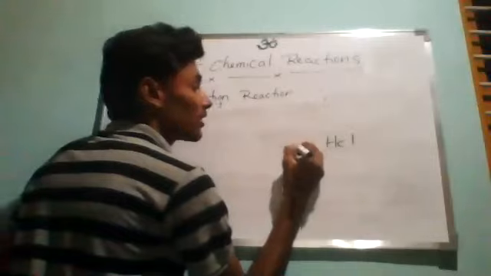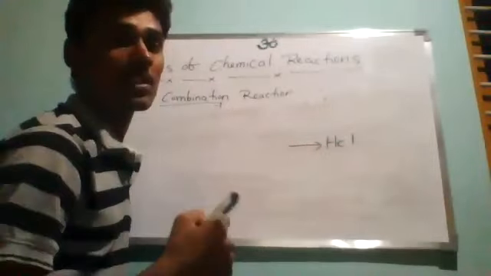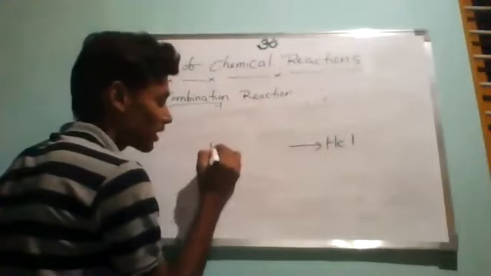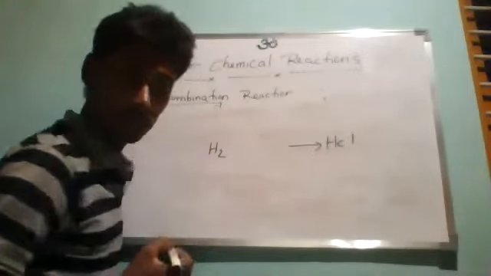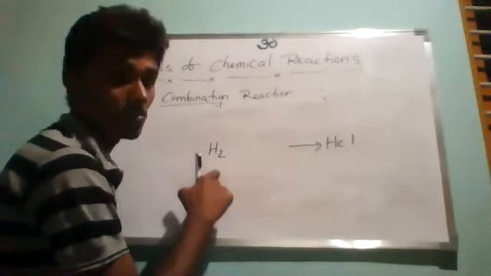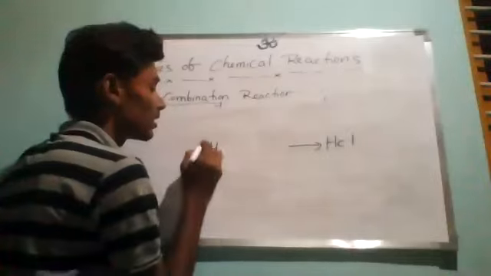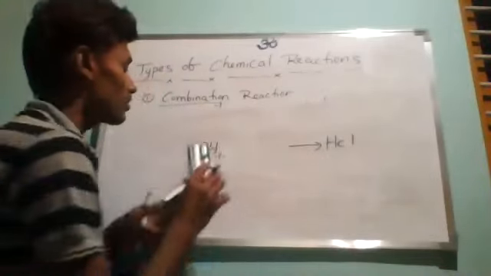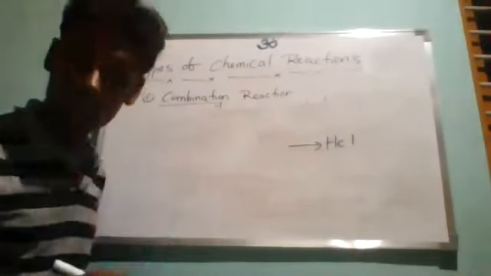You remember this. Here we have to study one more very important thing. Hydrochloric acid forms by the combination of two substances. One is hydrogen, which is a diatomic molecule. You remember here, we should not write 2H. We always represent based upon the atomicity.